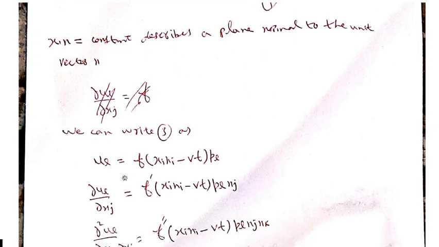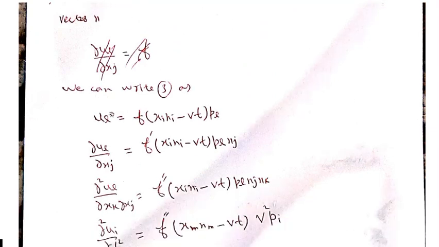So we first need to change l into i, u_i. Here again there will also be i, and to avoid overlapping of indices, we have changed i to m. So here it would be x_m n_m minus vt.